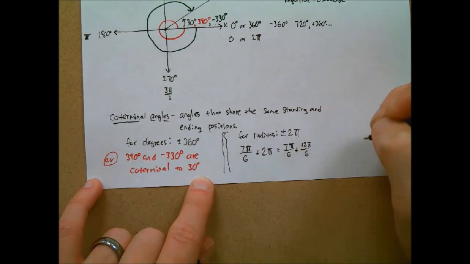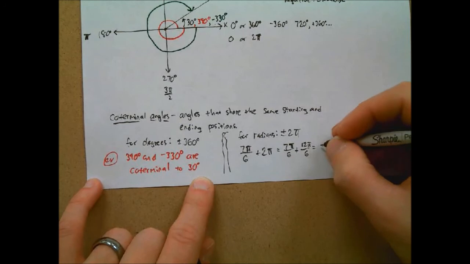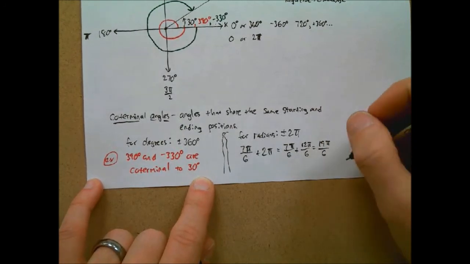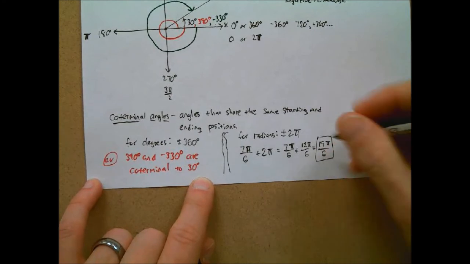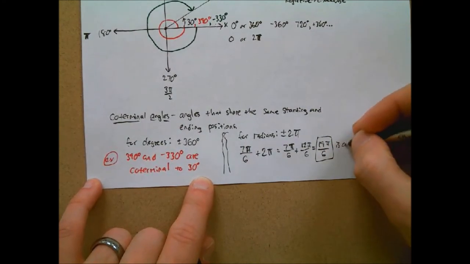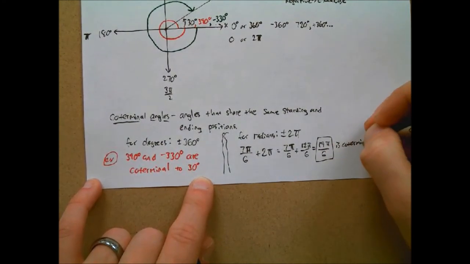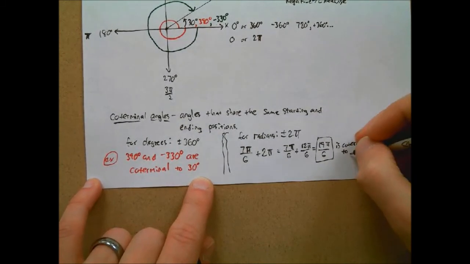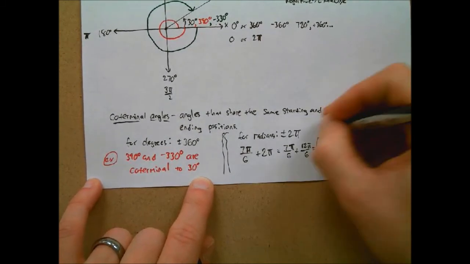Okay? So then what's that going to be when we add them up? Yeah, 19 pi over 6 there. So that's coterminal to our 7 pi over 6 right there.